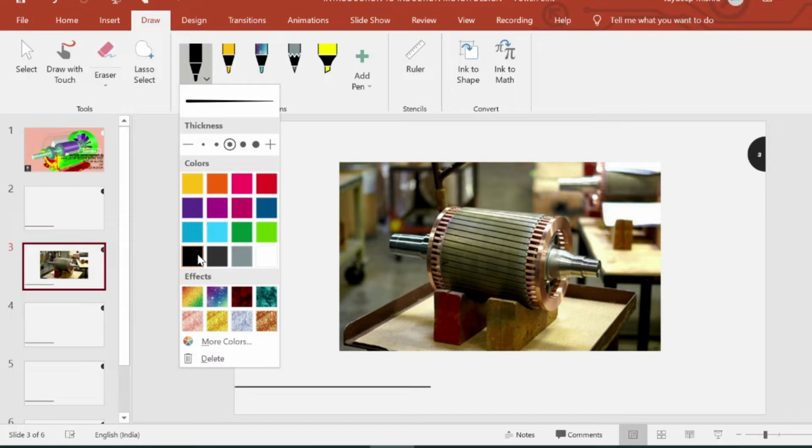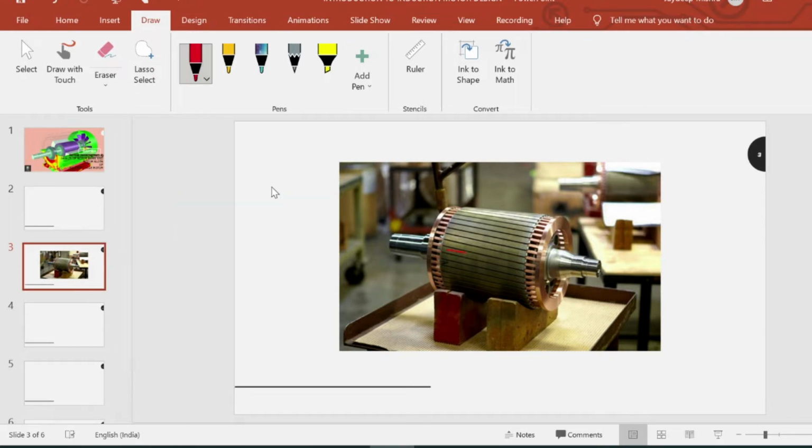This is called the bar. In this rotor bar, how much current flows? We will discuss this rotor bar current.